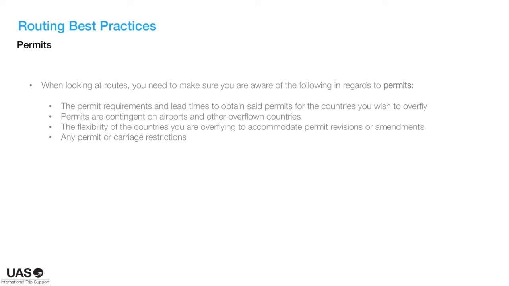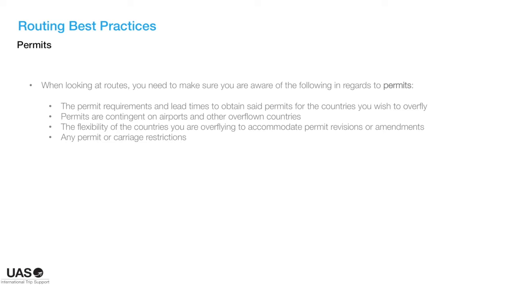You might even put your permit at risk by making a change. And finally, you need to be aware of any carriage restrictions, including passengers with certain passports, or the contents of the flight, or the purpose of the flight, because the things that you carry on the aircraft and the reason that you're flying might have some impact on the ability to obtain an approved overflight permit.